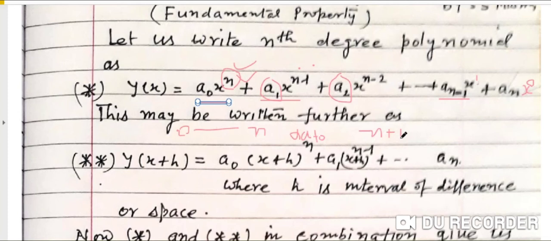So data will be n plus 1, but the degree of the polynomial is n. Keep in mind that the number of tabulated data will be n plus 1, but at the same time the degree of the polynomial will be n.